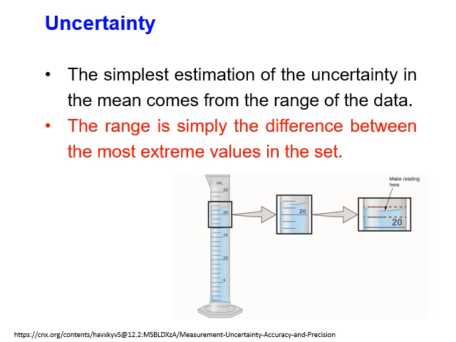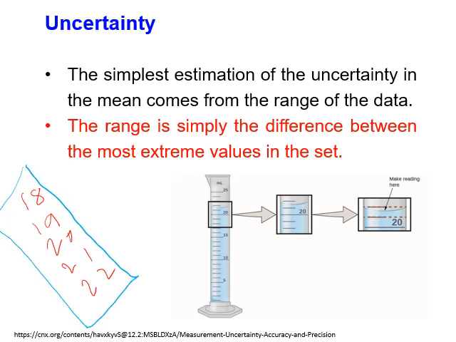Now, if I want to give a very simple example, suppose we are measuring a certain parameter, and I repeat the same measurement and find 18, 19, 20, 21, and 22. These are the data I obtain during my measurement.